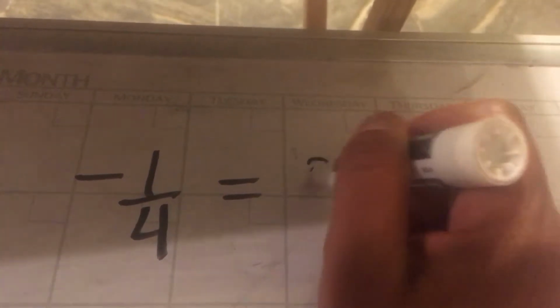All right, our next equation is negative 1/4 is equal to 2/3 b.